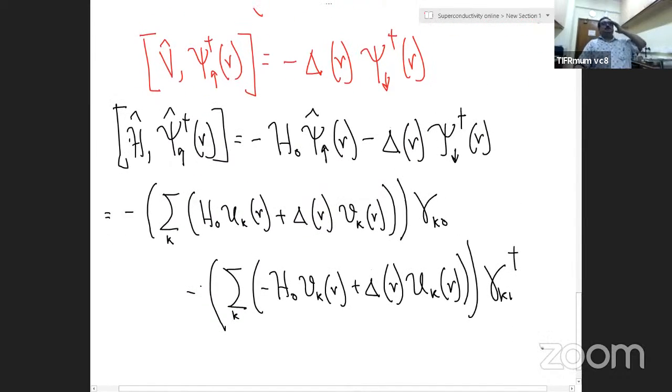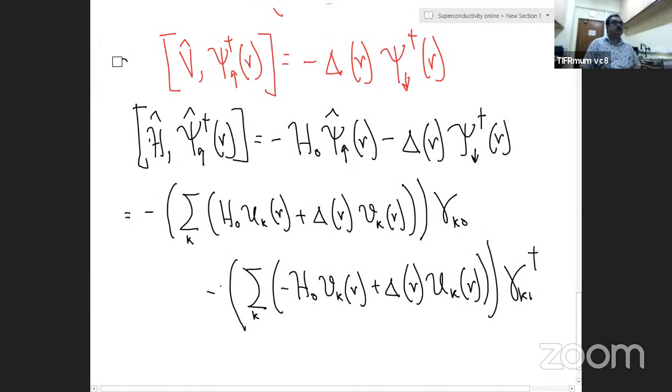Okay, good. So I have evaluated now this Hamiltonian with the form, sorry, this was the form 1. There is a coefficient of gamma k0 and a coefficient of gamma k1 dagger.